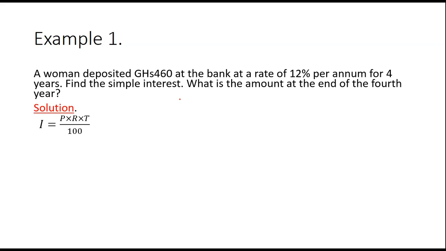Then look, they say a woman deposited 460. Okay, so this 460 is the principal. Are you with me? The amount you deposit or the amount you give to someone is the principal. Now the rate is usually in what? In percentage, or it can be in decimal as well. So this is the rate.